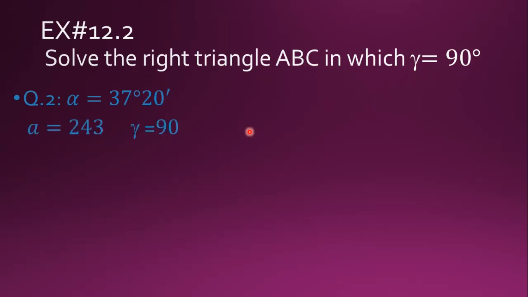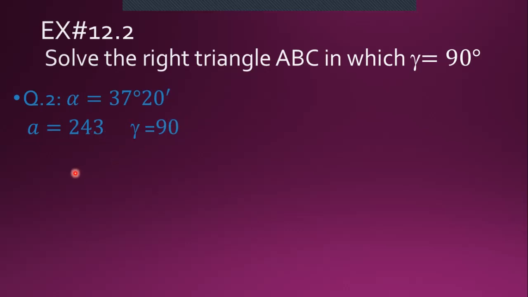Alpha would be the angle at point A. Small a is given, meaning the side opposite to alpha, which is 243, and gamma is equal to 90 degrees. Whenever angles are given, these should be in degrees, so if I have missed it anywhere, we need to consider the angles in degrees.